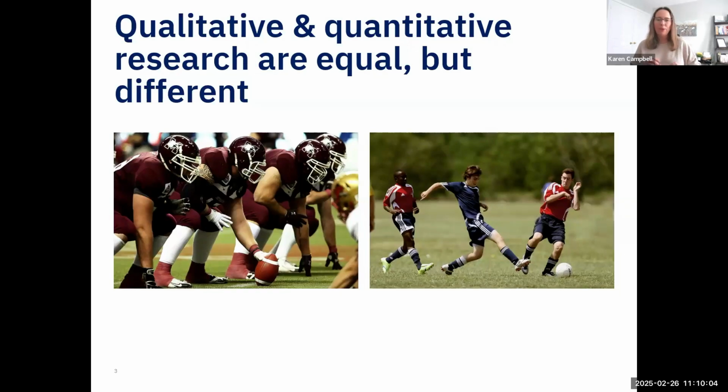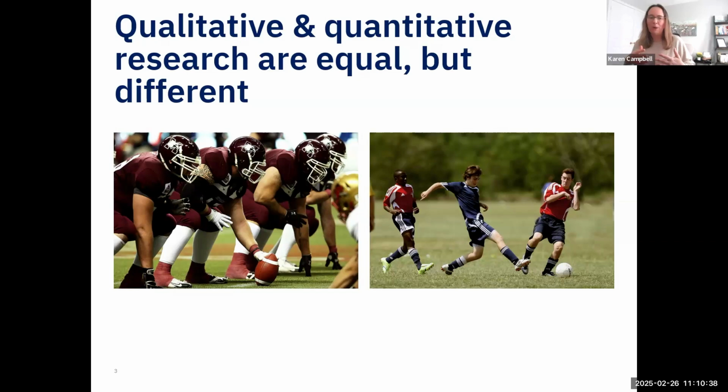We have here a game of football and what is known as football in the rest of the world, but what we know as soccer here. So football and soccer are two games that are played by teams. They use a ball, they're on a field. They're two similar games when you look at them from the outside, but they each have very specific rules. So if you use the rules from football while you're playing soccer, you would get a penalty.